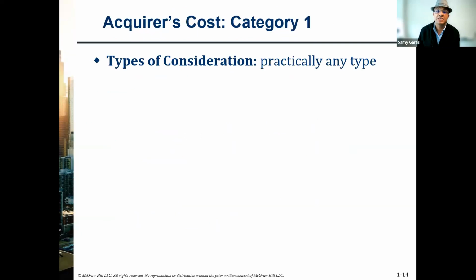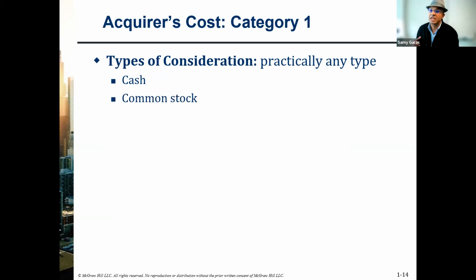So the first item is the acquirer's cost. What are the items that we need to check their fair market value? Cash. And the cash has no issues about fair market value because usually the fair market value of the cash is equal to the book value. It doesn't change.